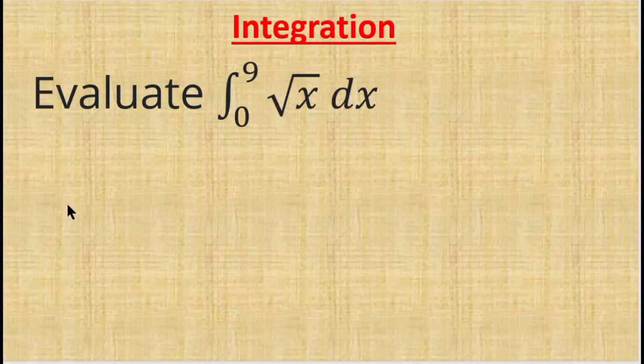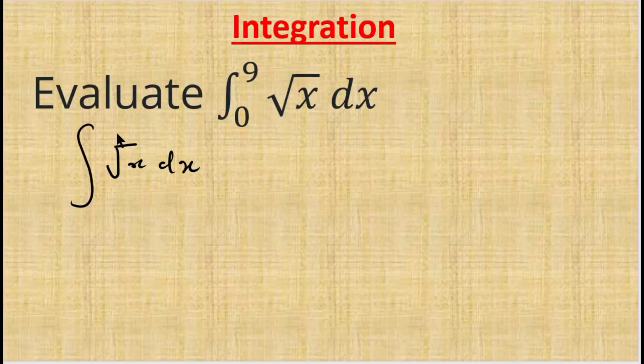We have this integral problem and I want us to walk through it together. Our problem says we should evaluate the integral of the root of x with respect to x, ranging between 9 and 0. In case you are new to integration, the first thing I want to do is express this as indices.